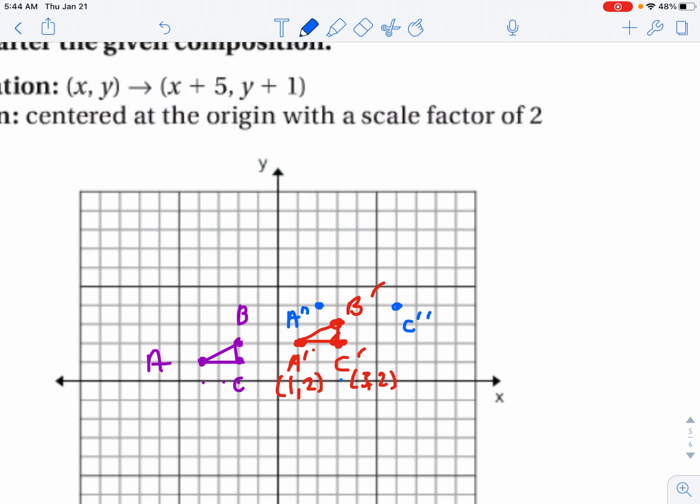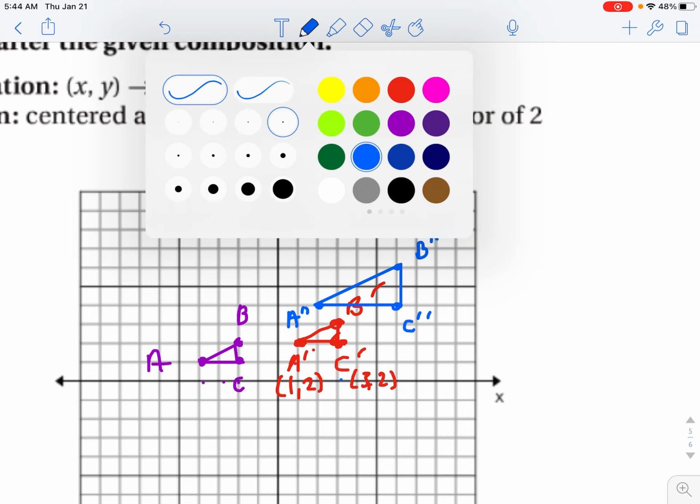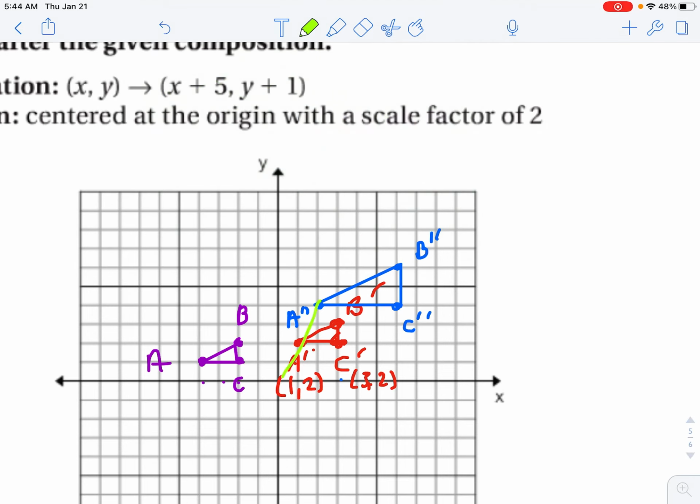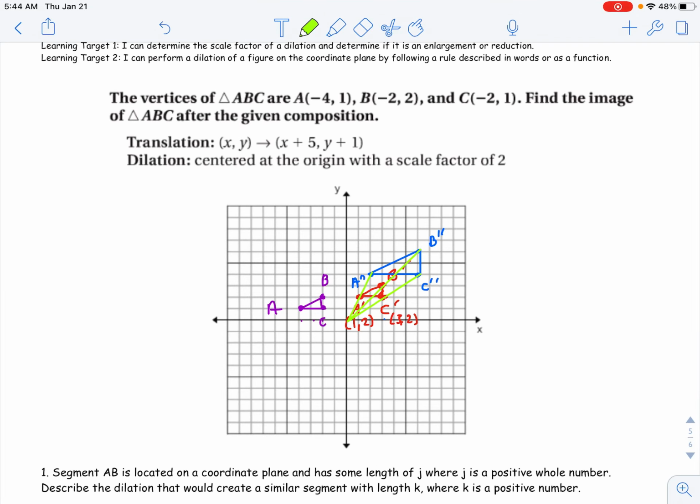So B double prime will be at 6, 6. And there we go. And then just to emphasize, that's stretched back to the origin. Pretty cool stuff. Those green lines you don't have to draw.